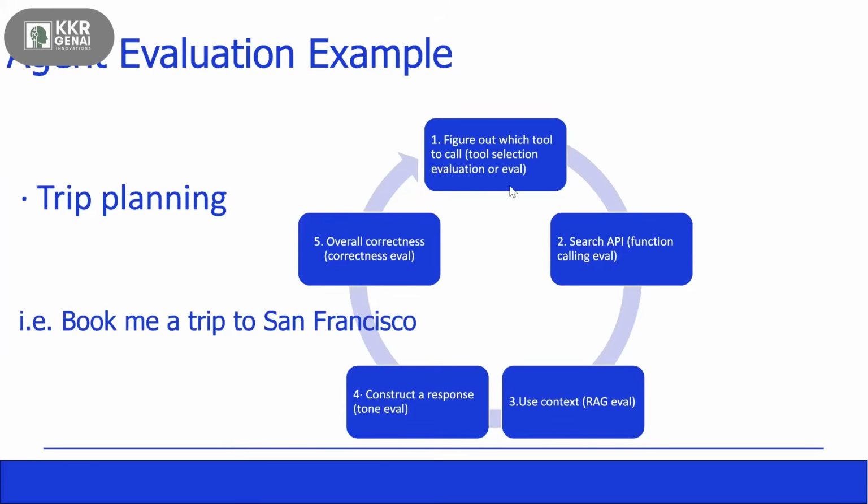Similarly, as soon as we receive the request, it will connect to all the airline platforms and see which airline is providing the better cost for this particular location, because this is what people will expect, right?